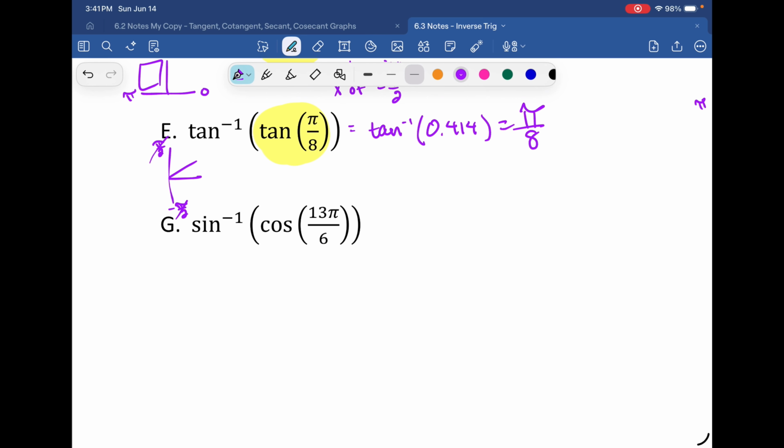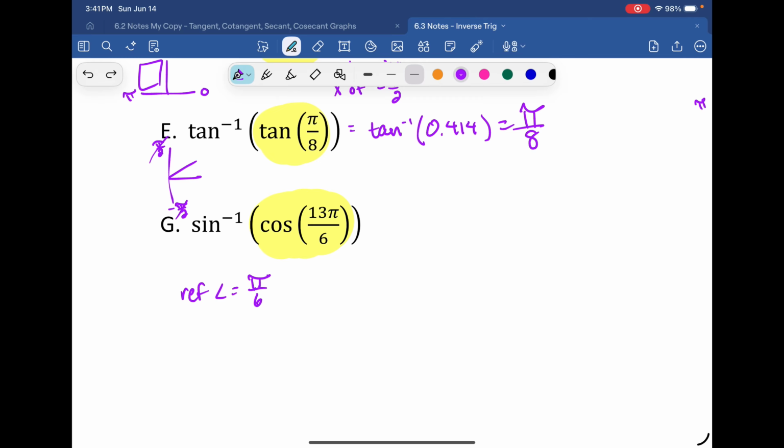Inverse sine of the cosine of 13 pi over 6. So I am looking at the cosine of 13 pi over 6. I can see its reference angle is pi over 6, because it's got the pi over 6 right there. I just have to figure out where it's at.